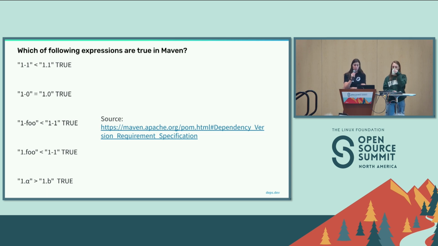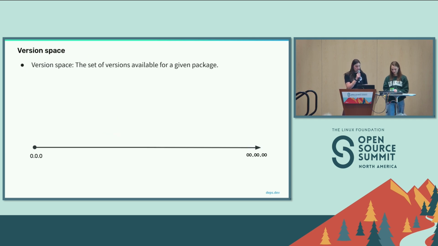So obviously, there's a lot more to the set of versions available for a given package than meets the eye. So let's go through them a bit more formally. Let's call the versions available for a given package the version space. The version space starts at 0 and has no end. There is no version before 0, but there is an infinite possibility of versions greater than 0.